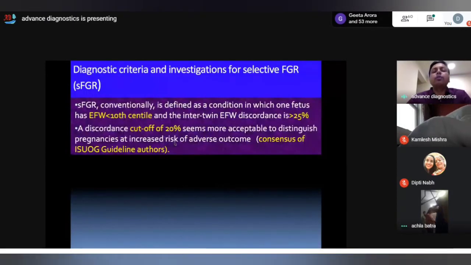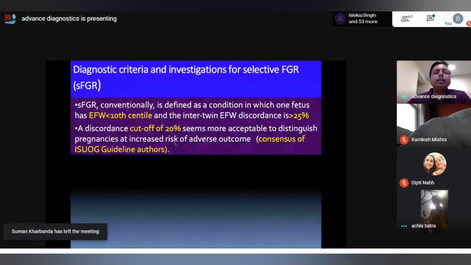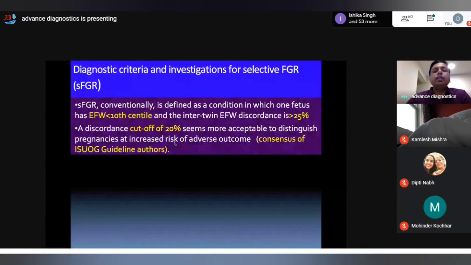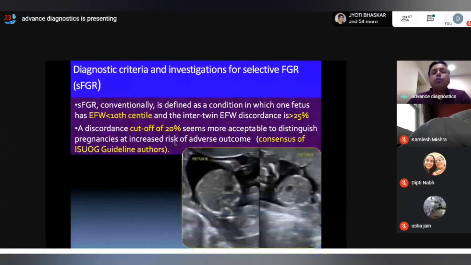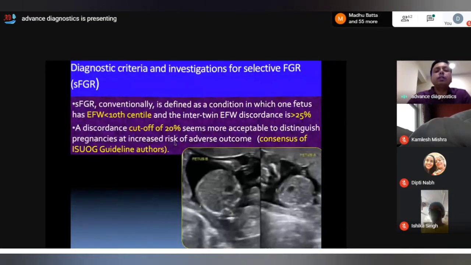Here our criteria is different, because selective fetal growth restriction is conventionally defined as a condition in which one fetus has estimated fetal weight less than the 10th centile and inter-twin estimated fetal weight discordance is more than 25%. But the RCOG guideline authors bring it down to 20%, as it is more acceptable to distinguish pregnancies at increased risk of adverse outcome.